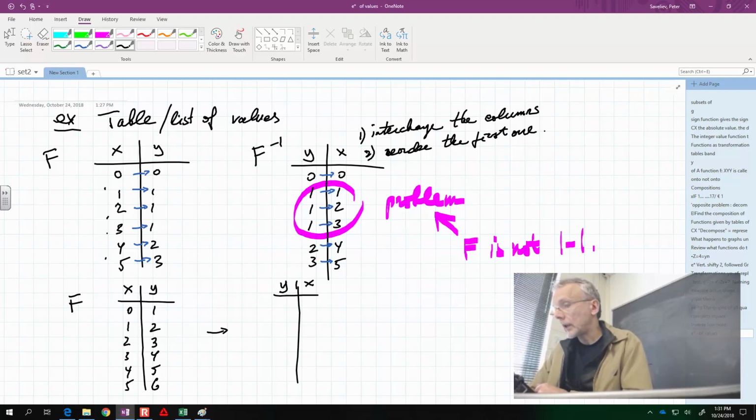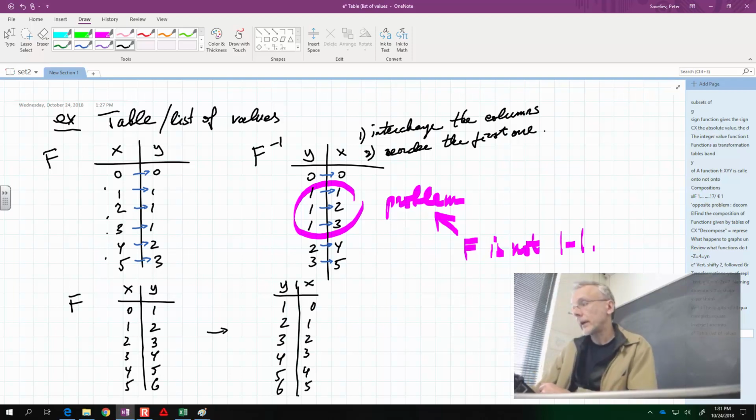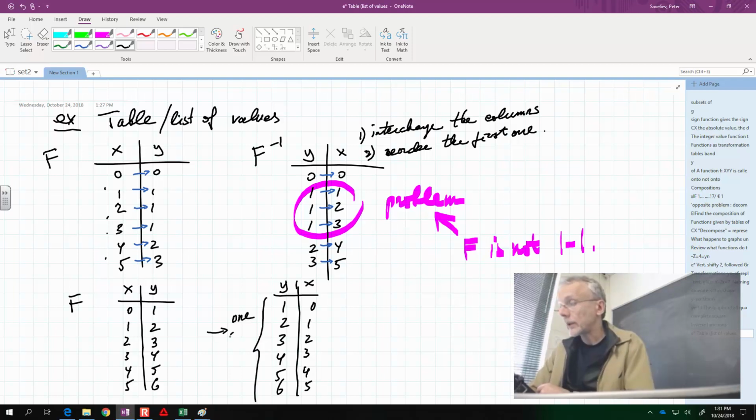So I'm getting then 1, 2, 3, 4, 5, 6 and 0, 1, 2, 3, 4, 5. As you can see, there are no conflicts because there is only one appearance of each x in the first column. So then there can be no conflict.